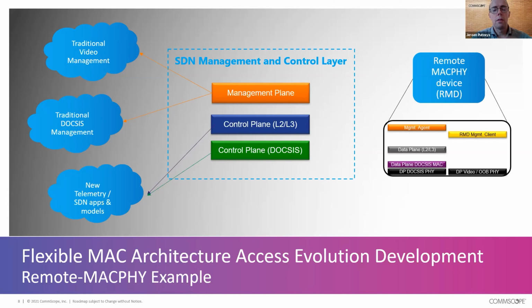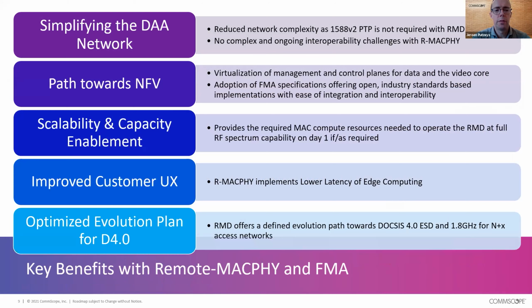Now you may think, okay, this is hopefully well understood and clear. What are the benefits of such an architecture evolution to a cable MSO? We'll touch on that on this next chart. The key benefits of combining remote MAC PHY with FMA, in our opinion, are geared towards simplifying the DA network. With remote MAC PHY, there's no requirement for deploying PTP time synchronization across the network.